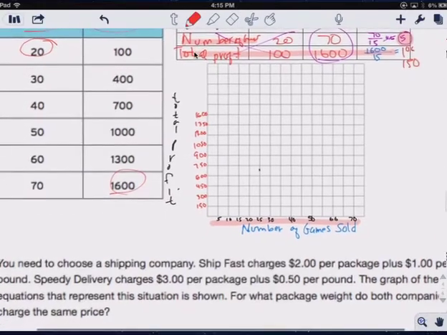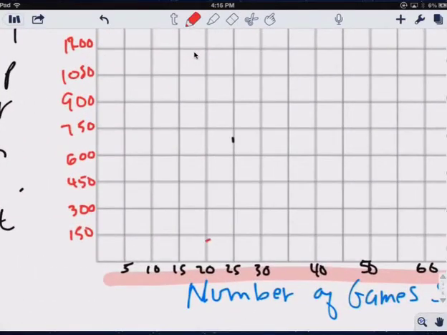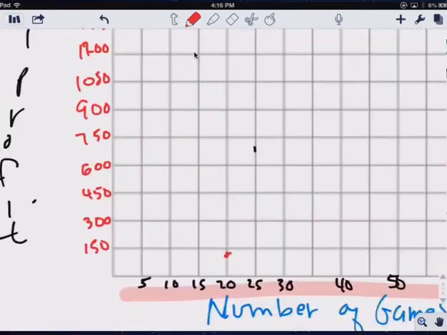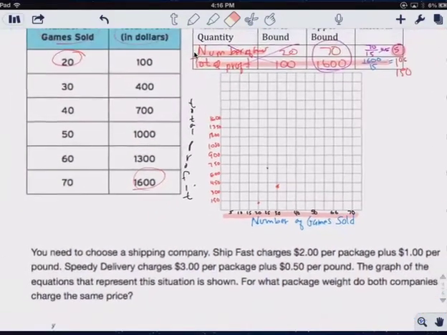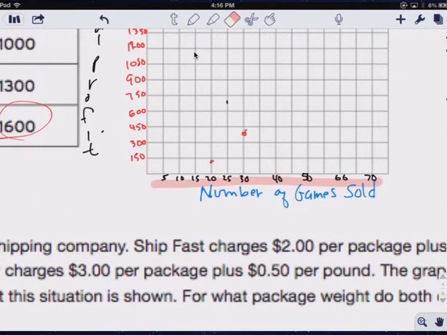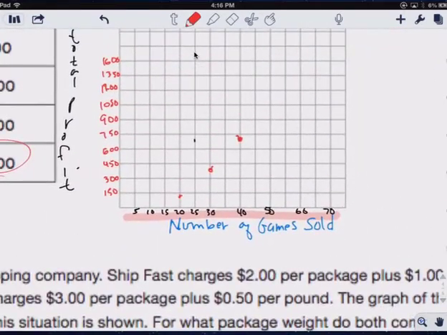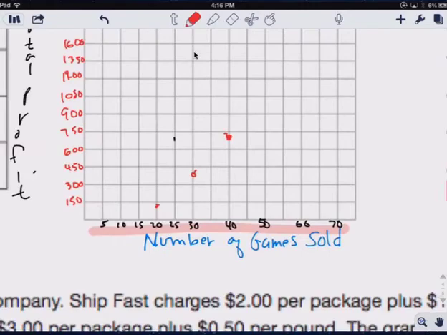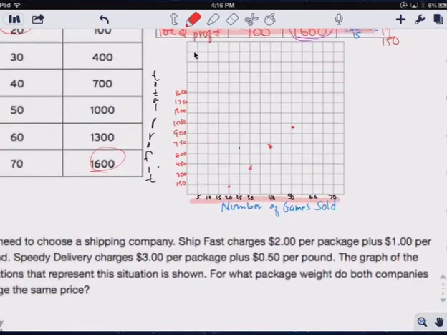Okay, 20 and 100. 30 and 400. 40 and 700. 50 and 1,000. 60 and 1,300.